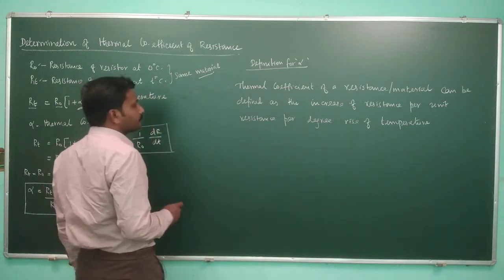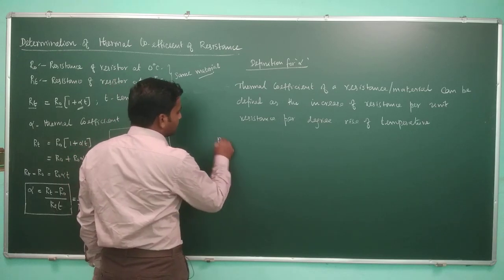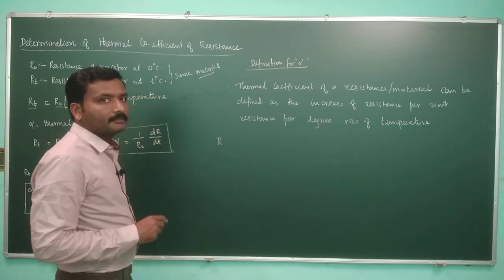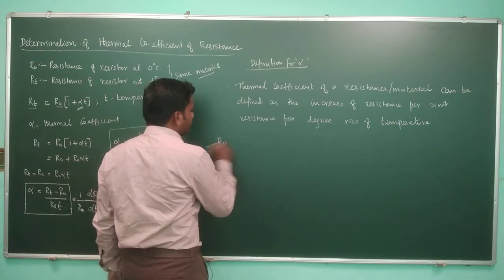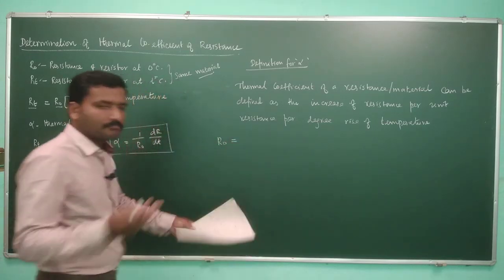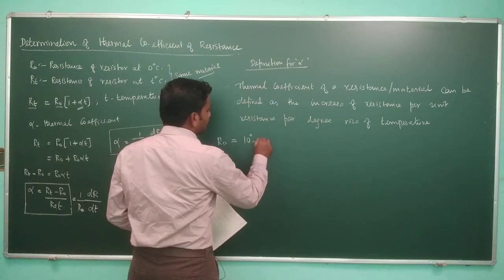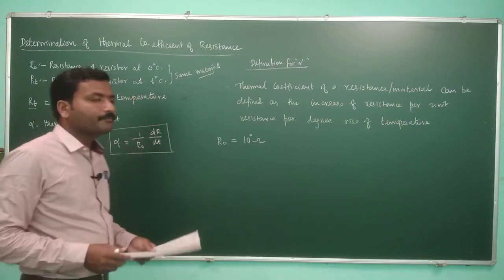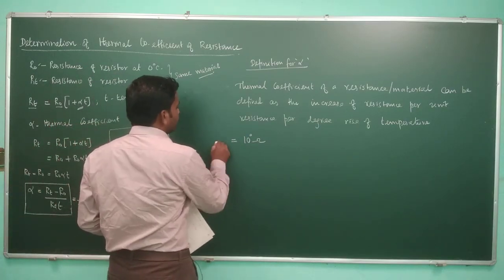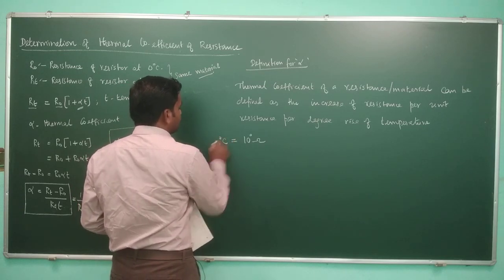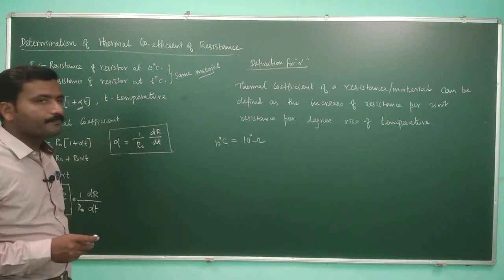Assume that initially the resistance of a material, say for example at 10 degree Celsius, the resistance of a given material is 10 ohms.